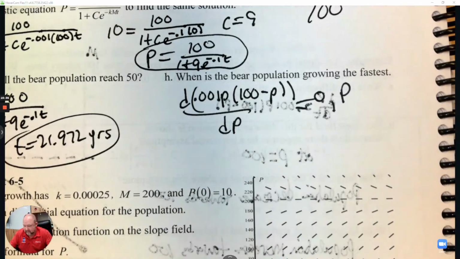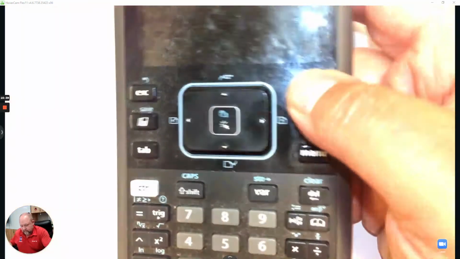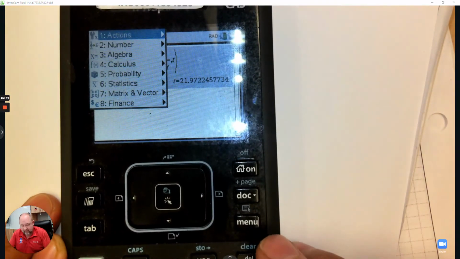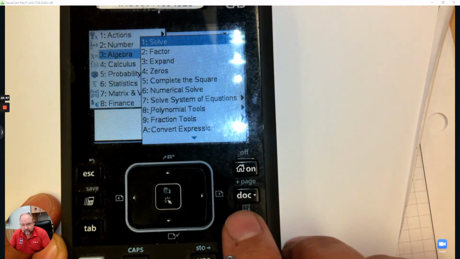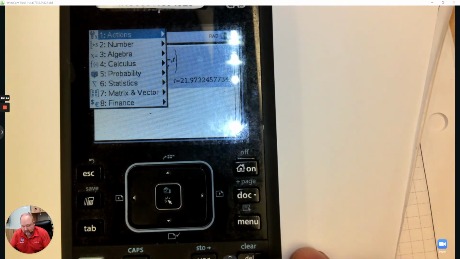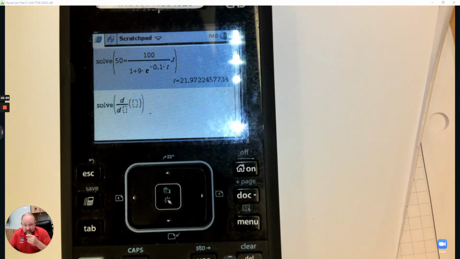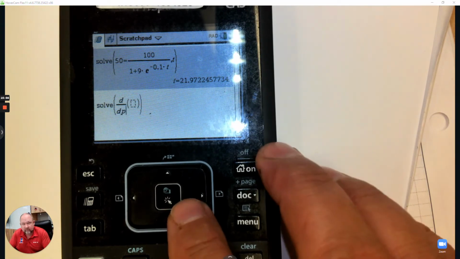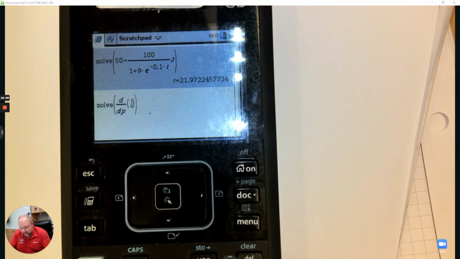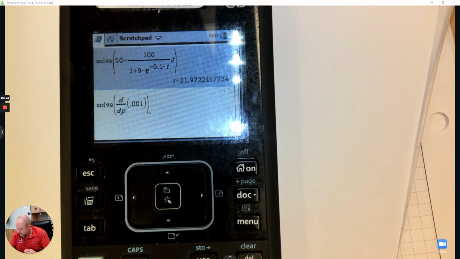So let's put this into the calculator. So again, menu, algebra, solve. And then we're going to do derivative. So menu, calculus, derivative. And then we're going to type it in. This is going to be in terms of p, so use p on the bottom of your keyboard. And then we're going to type in 0.001 p. Now, I have to go times and then parentheses.